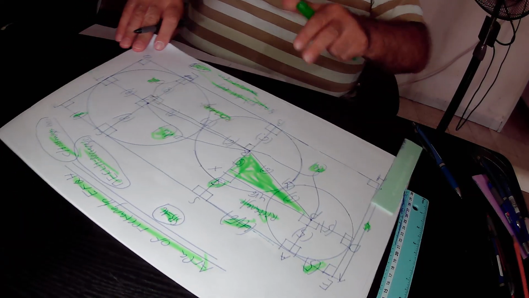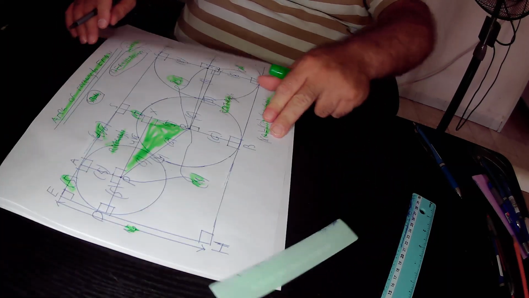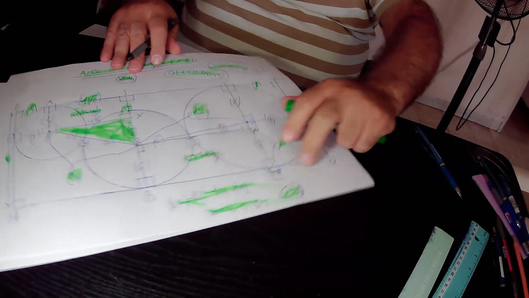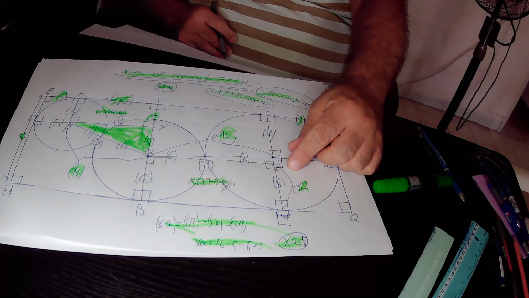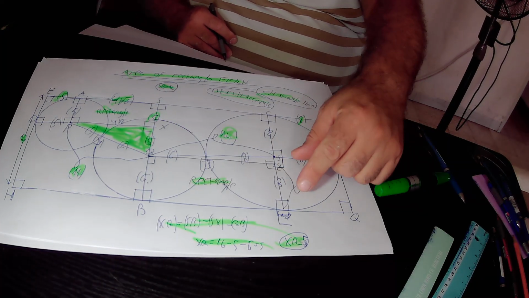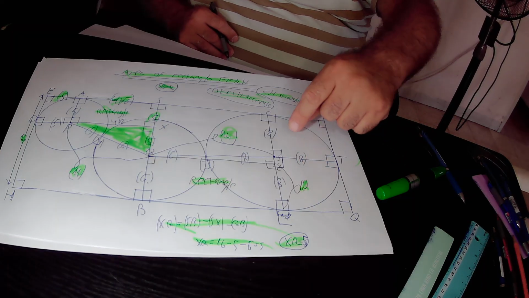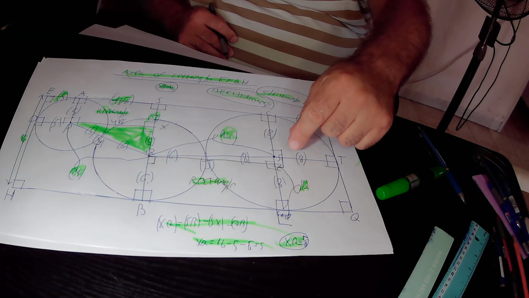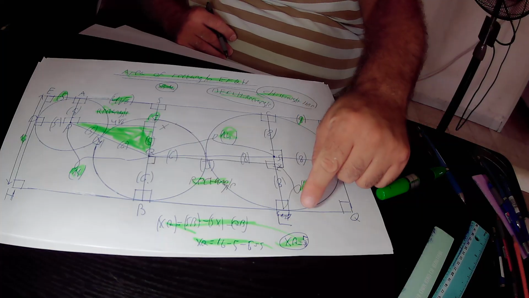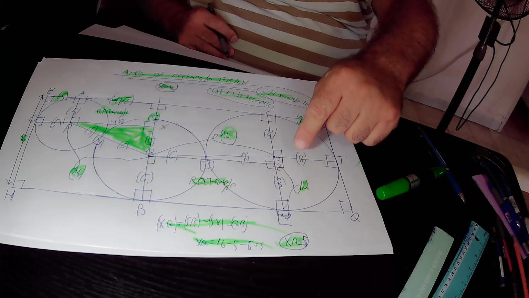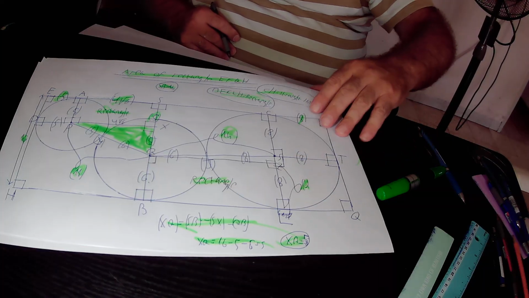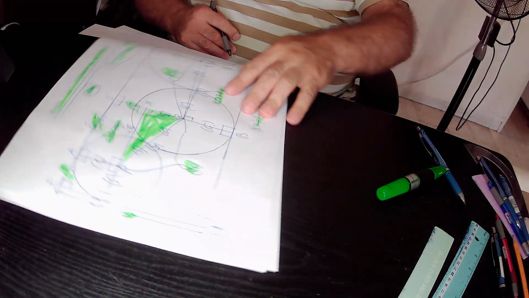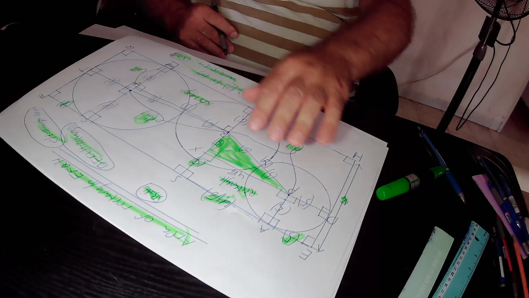So what is the length of this short line segment SZ? SZ equals SL minus ZL.